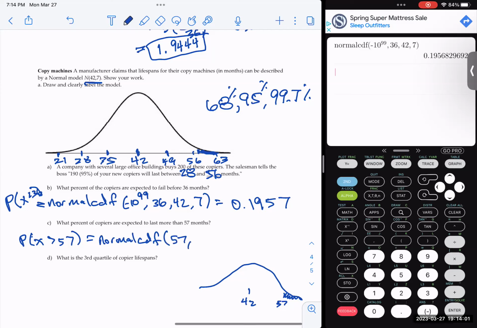Now, has anyone ballparked this using the empirical rule? Oh, yes. Very good. What'd you get, Emily? That's fantastic.